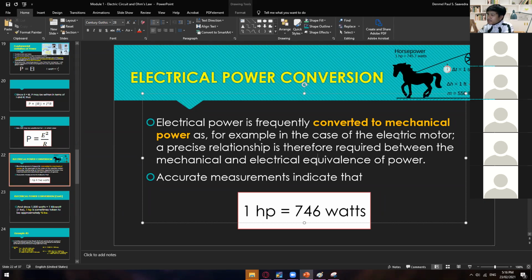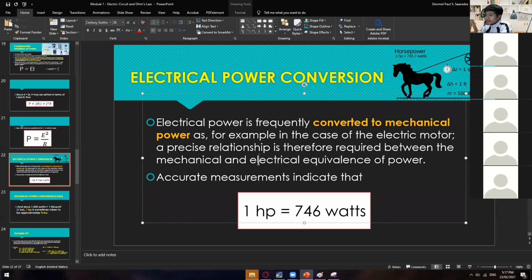In the case of an electric motor, a precise relationship is therefore required between the mechanical and electrical equivalence of power. Meaning this mechanical device needs electrical power to power up.